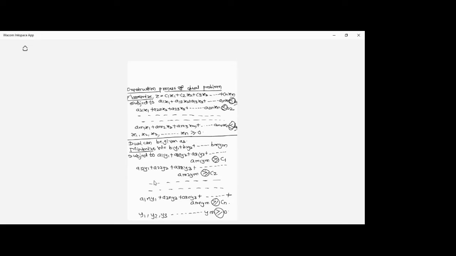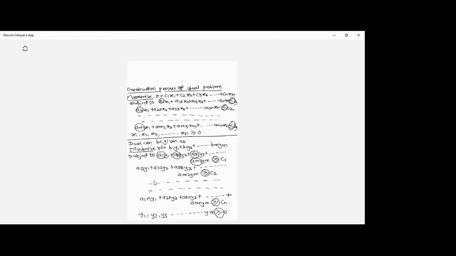Even if you see the construction of the constraints in your dual problem, here a11, a21, a31 and am1 are all coming in a single line, forming that particular constraint.